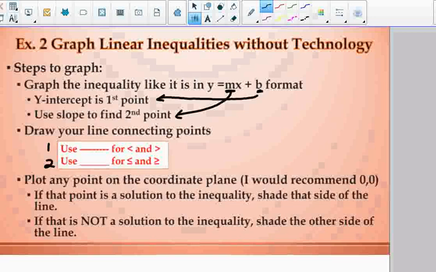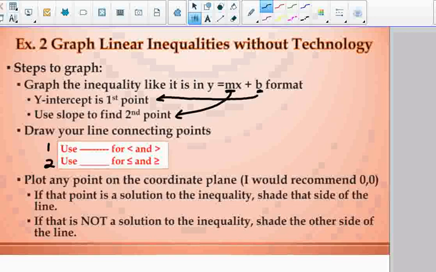And then the last part, plot any point on the coordinate plane. I would recommend you use 0, 0. So you're going to try to decide which side of the line all the solutions are going to be on, because that way you're going to have to shade in that part of the graph.